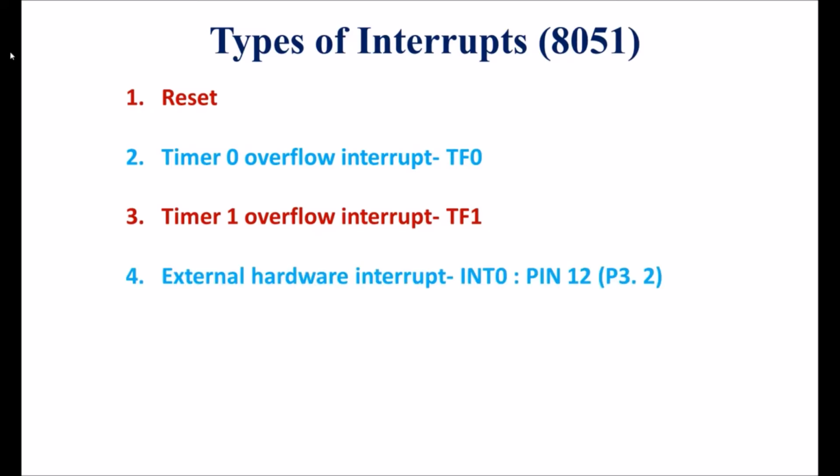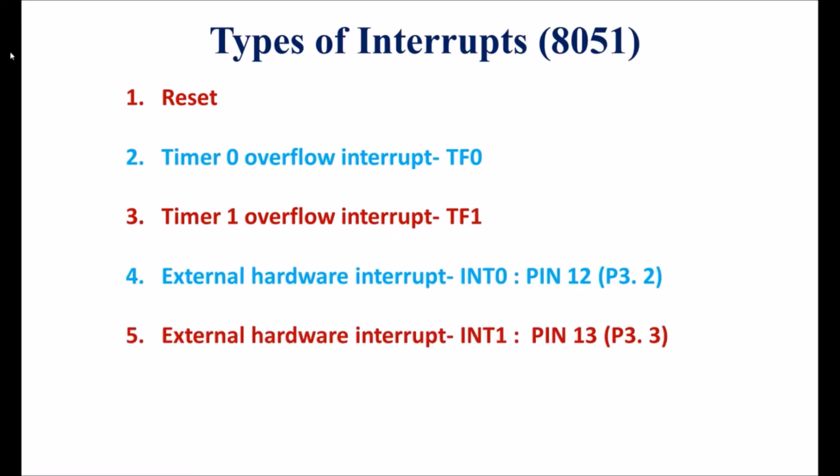Then external hardware interrupt INT0. So this is again a hardware pin of microcontroller, that is pin number 12, P3.2 pin of microcontroller is used as external hardware interrupt 0 pin. External hardware interrupt 1 pin, that is INT1, that is pin number 13, P3.3, it is the second hardware pin.